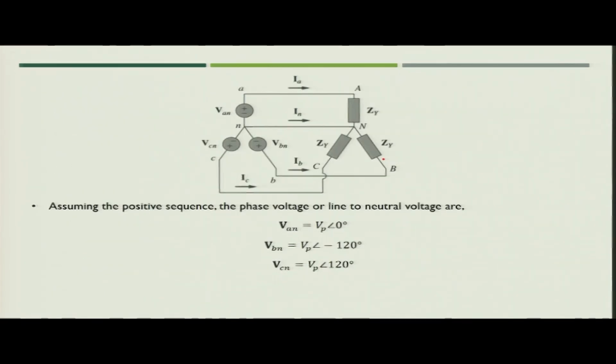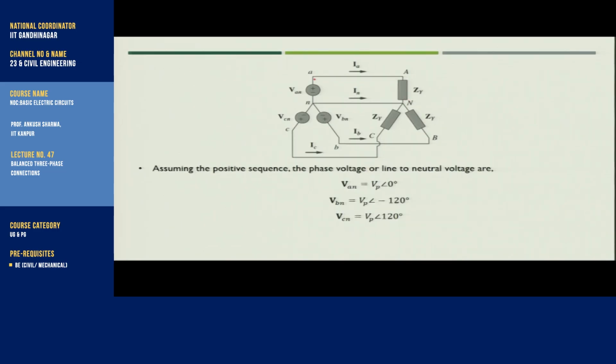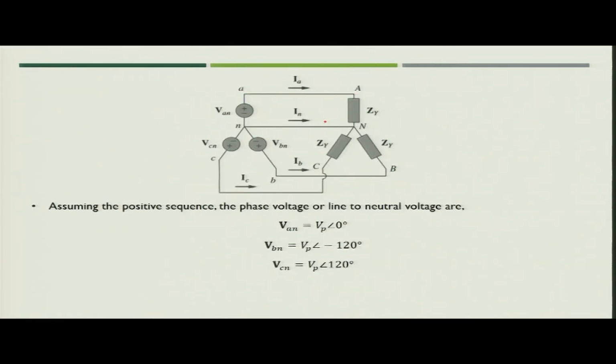If you see in this case, we have simplified the arrangement which we saw in the previous slide, and we lumped the ZS, small zl for the transmission line and the load impedance into an impedance called ZY. So, now it is much simplified and easy to understand. Both phases of source and load are connected: A is connected to A, B is connected to B of the load, C is connected to C of the load.